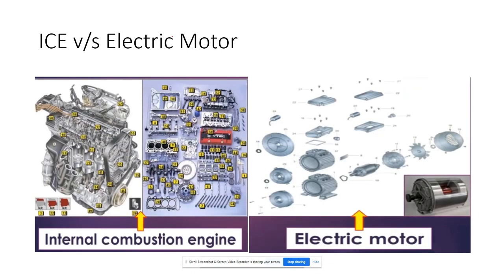So let's compare the internal combustion engine and the electric motor. The internal combustion engine has various mechanical aspects. Mainly the mechanical engineers deal with the mechanical movements and the mechanical reactions that take place due to rotating mechanisms inside an engine.